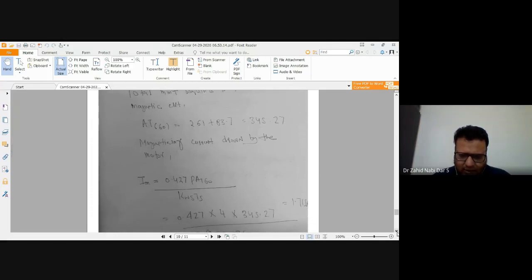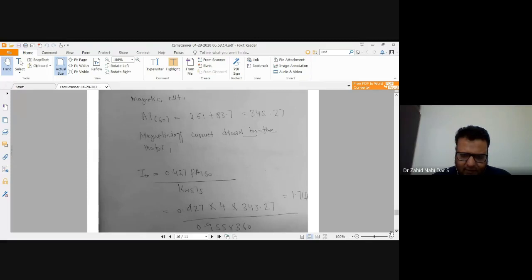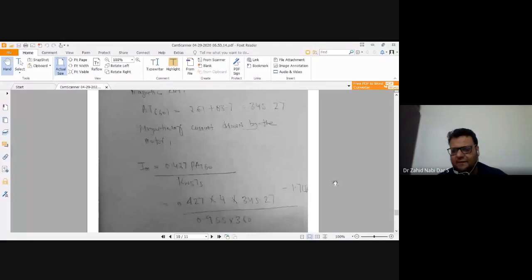You can substitute and calculate your magnetizing current. So this is 0.427, the number of poles P is equal to 4, 345.27, KWs given 0.955, TS also given, this is 360. So this happens to be your magnetizing current, 1.7156.